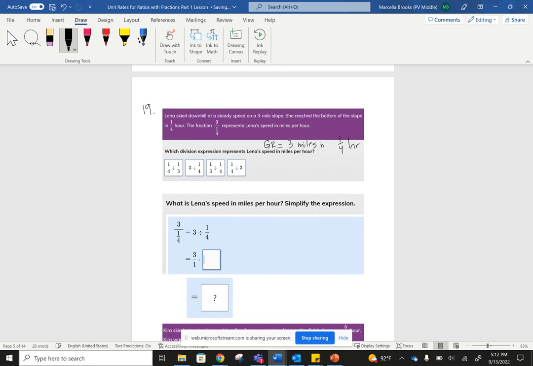So which division expression shows her miles per hour? If you did the one before, you would have gotten 3 over 1/4. So what is the next step? What does that become? Does it become 1/4 divided by 1/3? Does it become 3 divided by 1/4? Does it become 1/3 divided by 1/4? Or does it become 1/4 divided by 3?